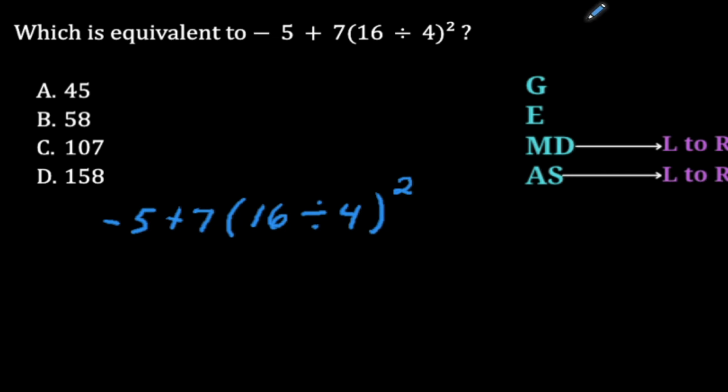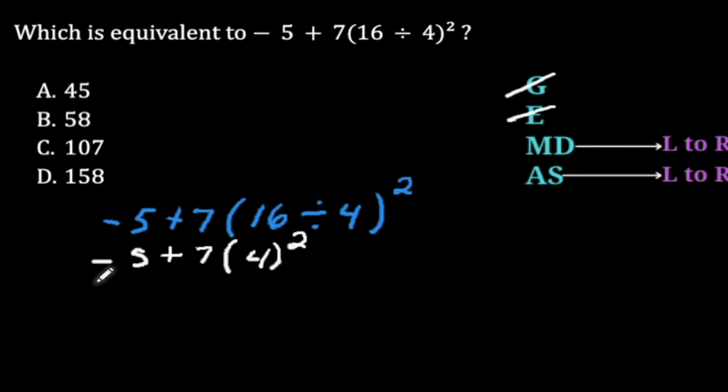Okay, so we're going to perform operations within the grouping symbols first. Okay, so let's bring everything else down. So we have -5 plus 7. And then we have 16 divided by 4, which is equal to 4. And that's squared.